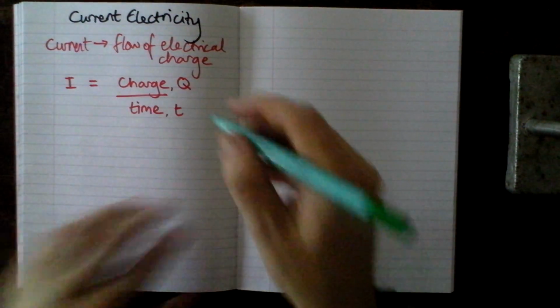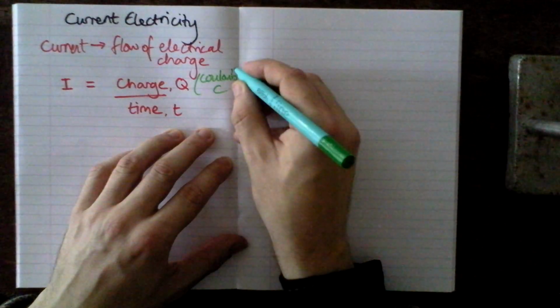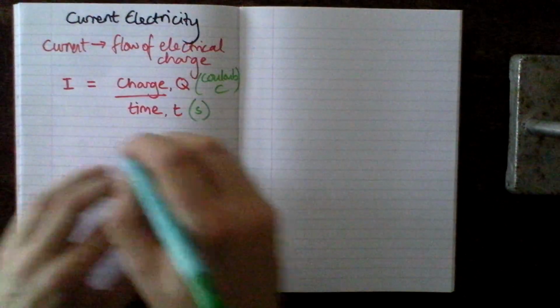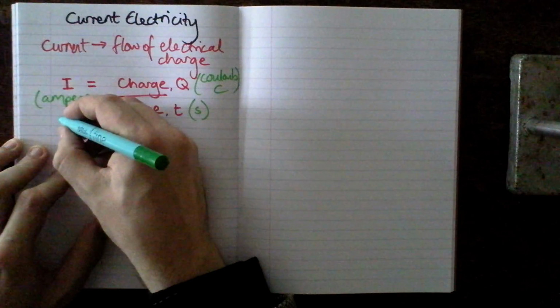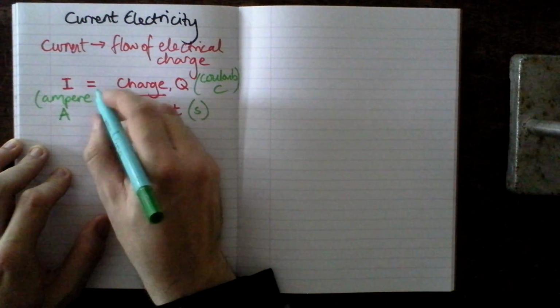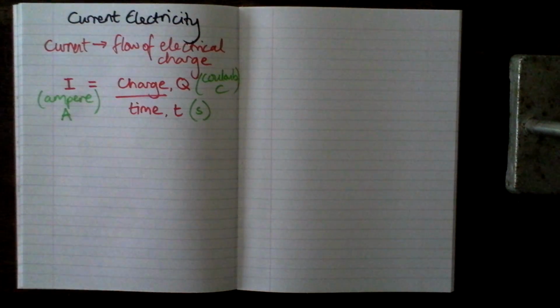The units of charge, the coulomb, or capital C, we always work in seconds. And the unit of current is the ampere, or amp. We just use a capital A for that. So that's current. It's how much charge is flowing around a circuit in a certain time.